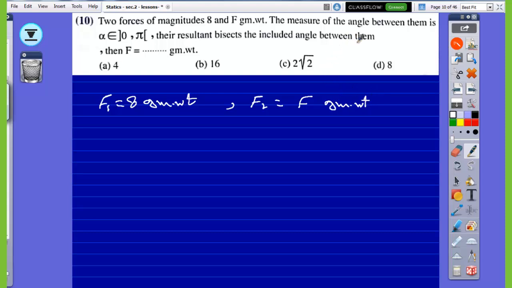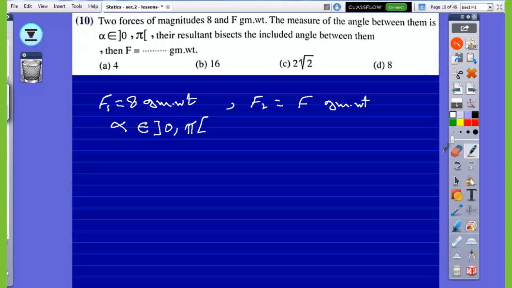The measure of the angle between them is alpha, okay, and the alpha is included between 0 and pi, 0 and 180. The resultant bisects the included angle between them.